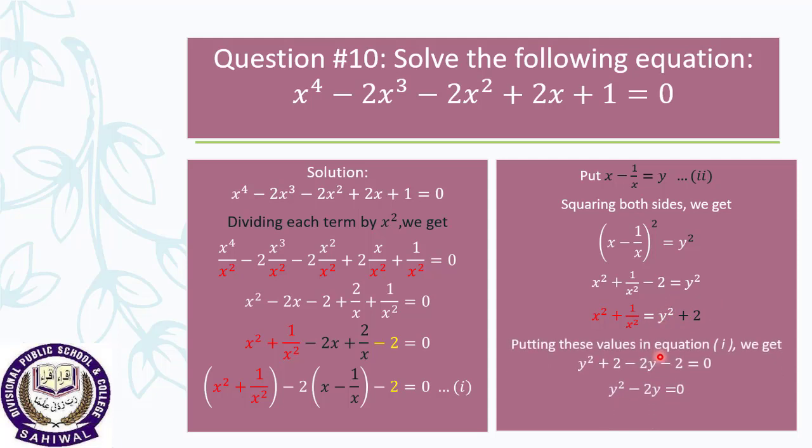Putting these values in equation 1, we get y square plus 2 minus 2y minus 2 equal to 0. This plus 2 and minus 2 cancel each other and we get a new equation y square minus 2y equal to 0.